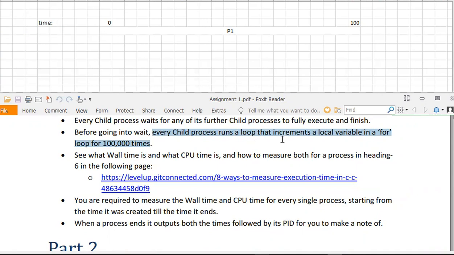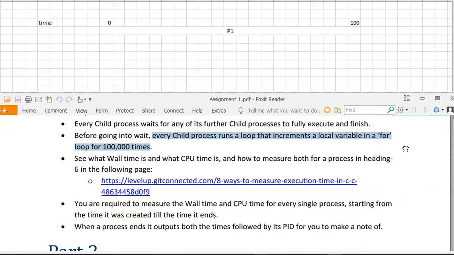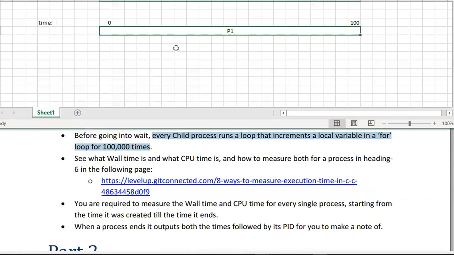It is just a way of keeping the CPU busy for 100,000 cycles. But obviously, this statement leaves process P1 waiting. Immediately, whenever the new child process is created, P1 will go into the wait, right?